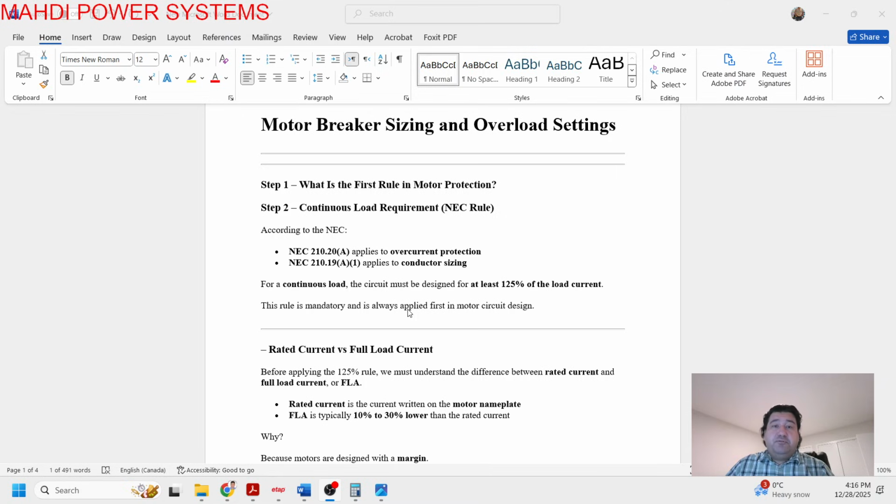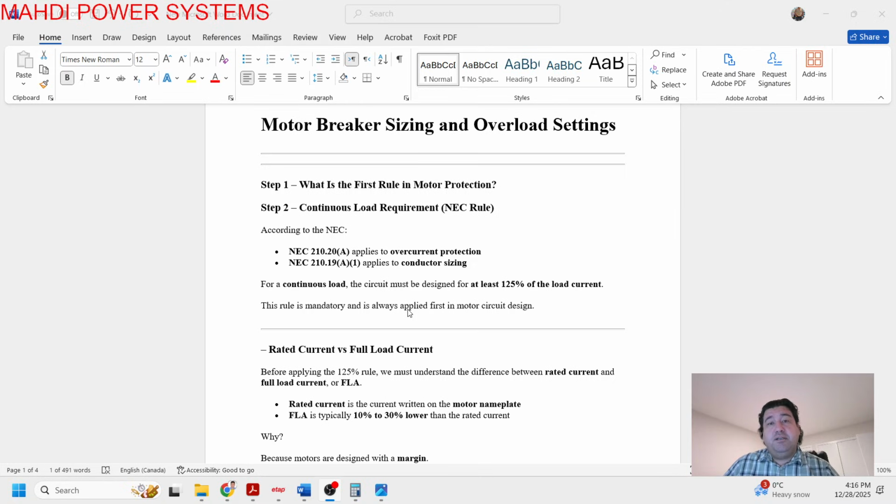For example, we have a 250 kilowatt motor. Definitely the pump is lower than 250 kilowatt. The current on the shaft gives you full load current, not rated current. That's the difference between rated current and full load current.